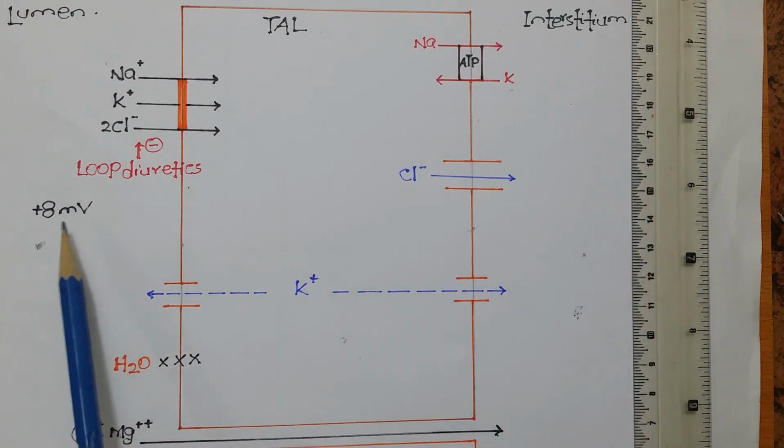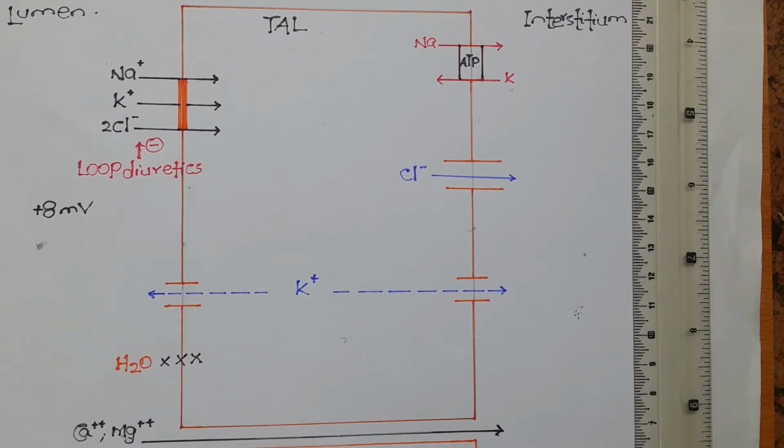This slightly positive charge within the tubular lumen causes the passage of cations like calcium and magnesium into the renal interstitium through the paracellular route, that is, through the spaces in between adjacent tubular epithelial cells.